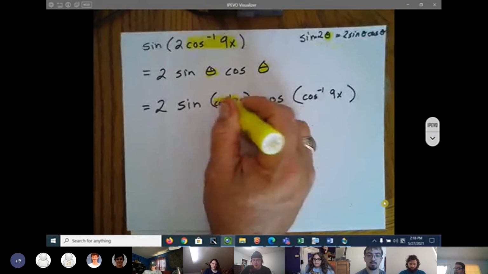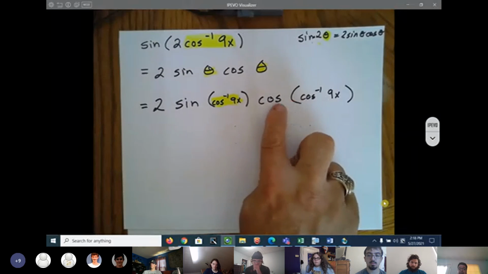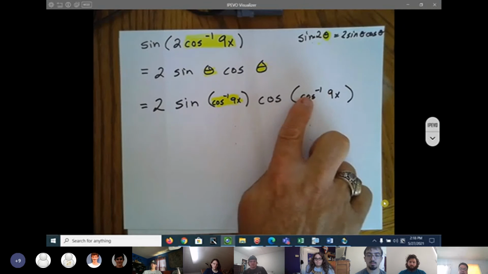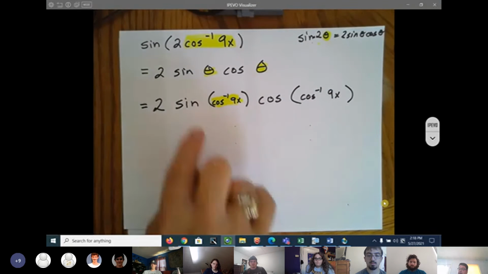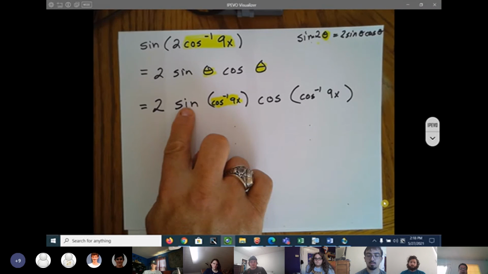Now, if you look at your identities, you will see, of course, that cancels out pretty much. I'm not going to worry about this right now, because that will cancel that out. But here, you need to turn the cosine of 9x into a sine so we can cancel the sines out.